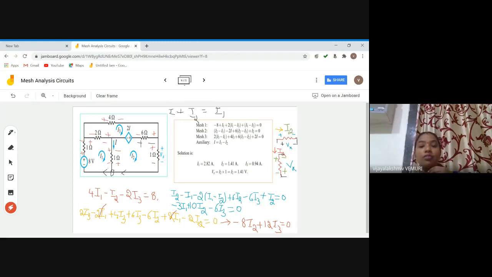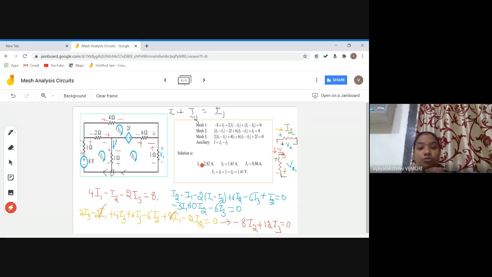Or else, if you are confused, just observe here. I have drawn this 1 ohm here. Apply KVL to this loop, starting from this point. Minus Vx, go like this, plus 1 into I2, that means plus I2, is equal to 0. You multiplied I2 with the 1 ohm resistor, then only you got I2.